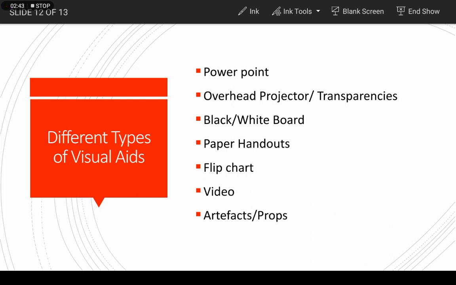Pre-prepared slides. This can be words or images, either handwritten, drawn or produced on a computer. Then spontaneously produced slides. This can be written as you speak to illustrate your points or to record comments from the audience. And third, a mixture of each.